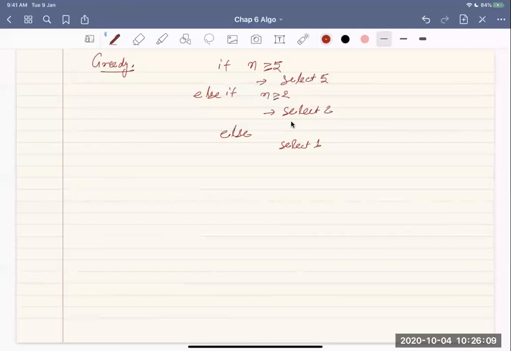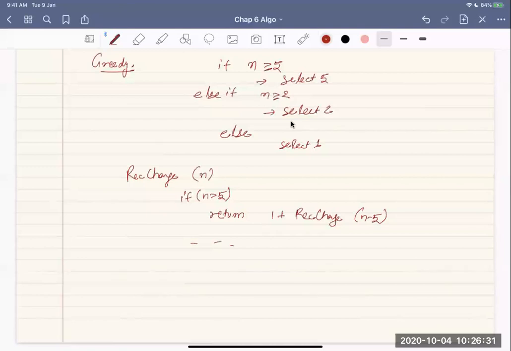Accordingly, you can even write a function. So you can say, recursive change for n rupees: if n is greater than or equal to 5, return 1 plus recursive change(n minus 5), and so on.